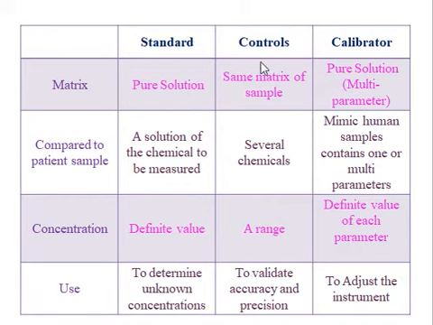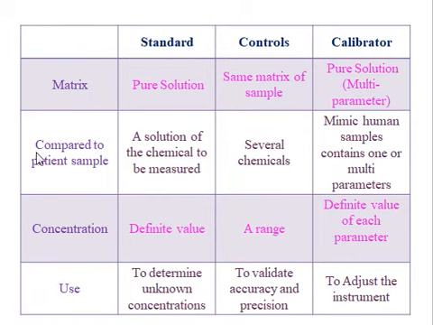A control has the same matrix as a sample, while a calibrator could be a pure solution or could be the same as human samples or patient samples.